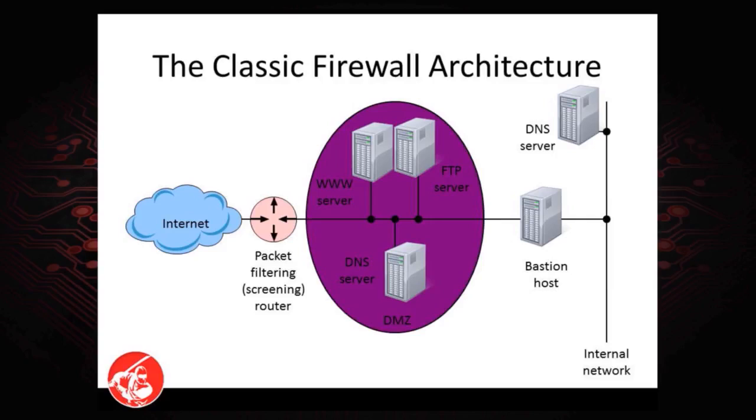As you see here, we have our internet cloud, we have our packet filter and screening router, and we have our public DMZ. And then we have our bastion host. This method offers 2 layers of defense, the packet filter and router being defense layer 1, and the bastion host being defense layer 2. The DNS server is set up with the external DNS in the DMZ and the internal DNS, and the internal network only uses the internal DNS to send out queries.